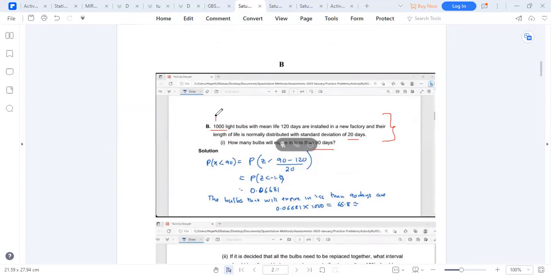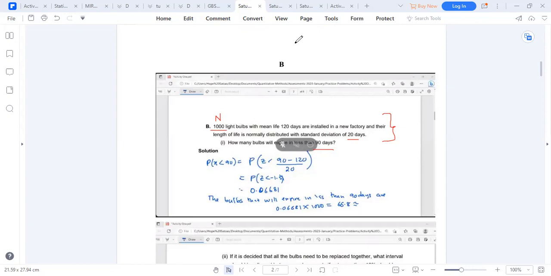There's an N given here. If the question were about a sample of 50, we'd need to adjust our standard deviation because of standard error. But here we're dealing with the whole 1000 bulbs, so there's no need of using the N.